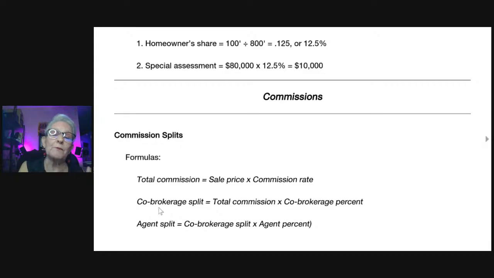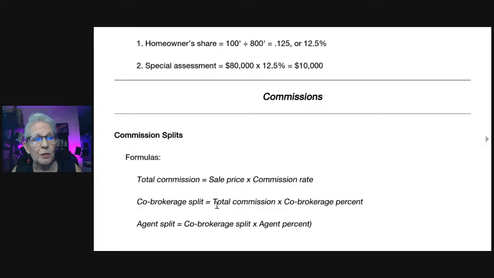The brokerage representing the seller, the brokerage representing the buyer. Sometimes the same brokerage represents both sides, or they represent one side and the buyer doesn't want representation, yet the listing agent will get the full commission because that is per the listing agreement.